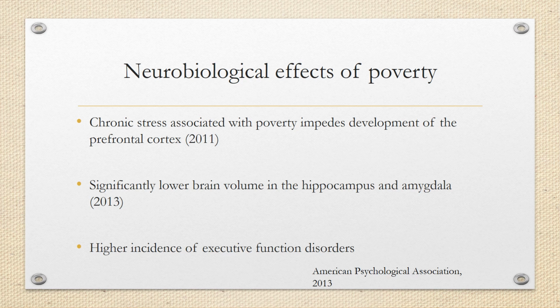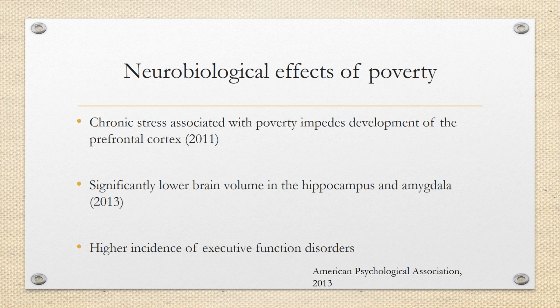In fact, we find that chronic stress associated with poverty actually has a physiological effect on the brain. And we find that the frontal lobe is less developed in kids that have less opportunity to work towards a goal.